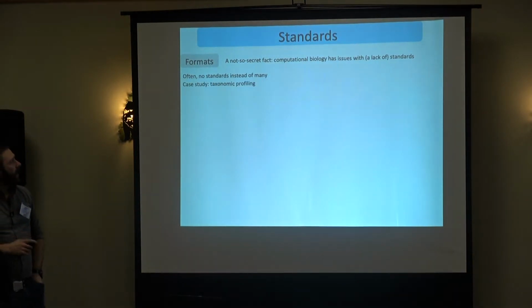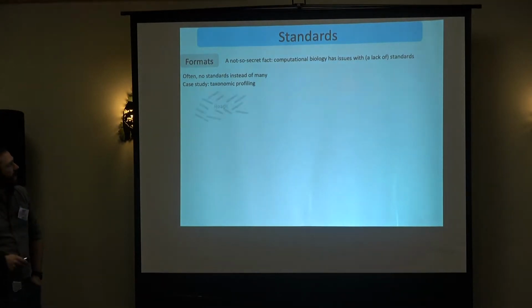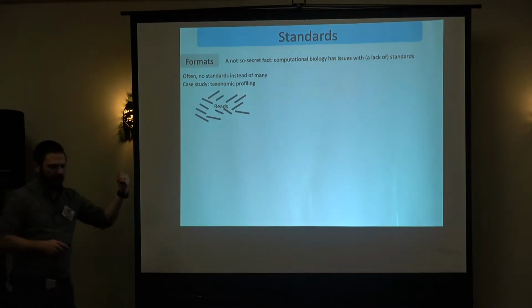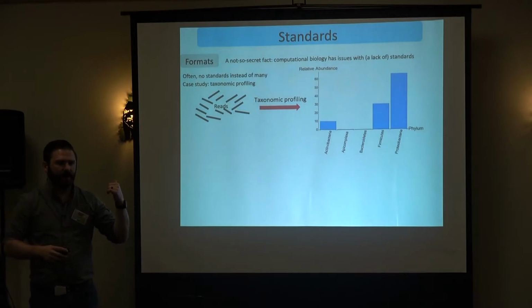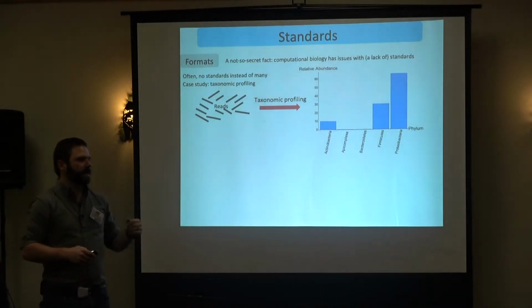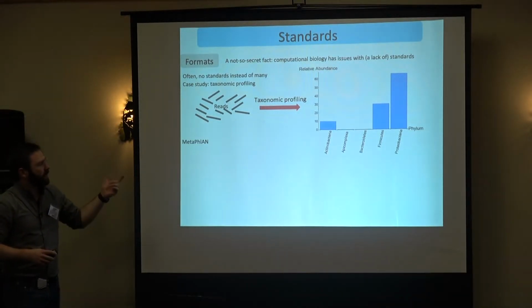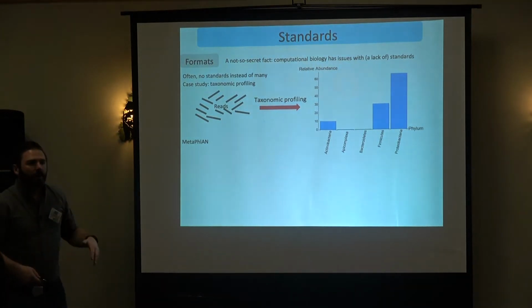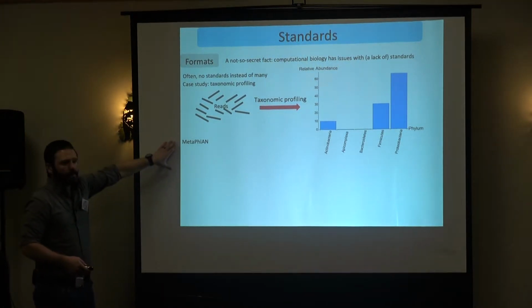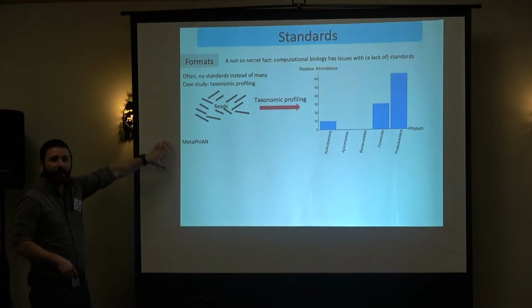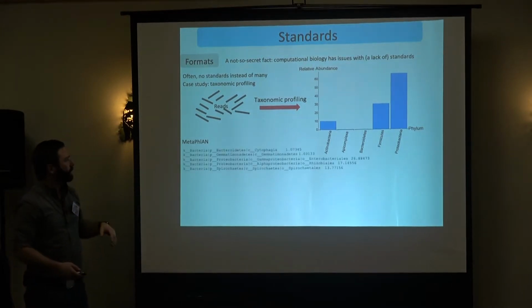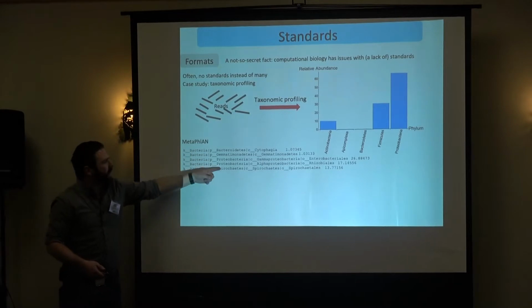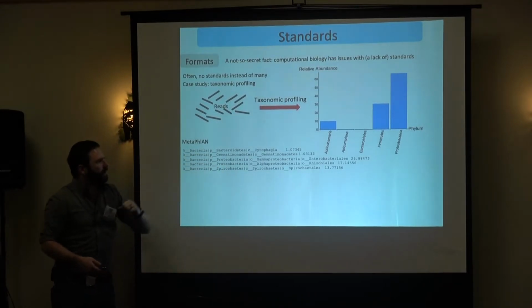As an example, in taxonomic profiling, which you'll recall is where you take these reads and figure out the presence and relative abundance of organisms in a sample, it turned out there were no standards a number of years ago. However, if you look at a couple of different popular tools, you can see what output formats they were using. Here, MetaPhlAn was using the standard human readable ones.